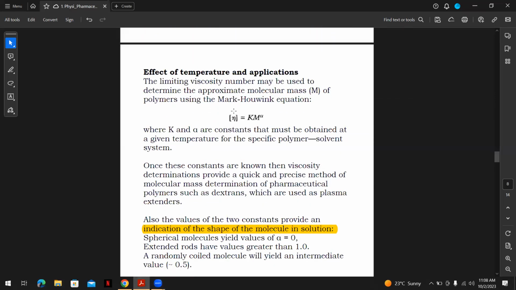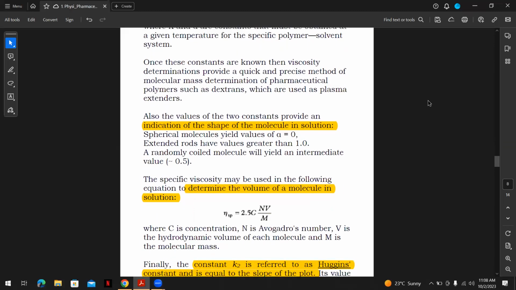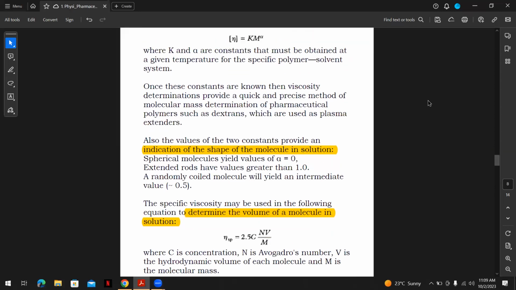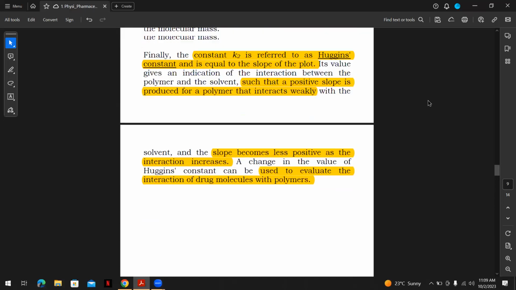And we saw the limiting viscosity number is used to determine the approximate molecular mass. I don't think you'll be given it, but it's just important to know because you never know. It might be Munyendo setting the questions and he just decides. But I don't really think so.